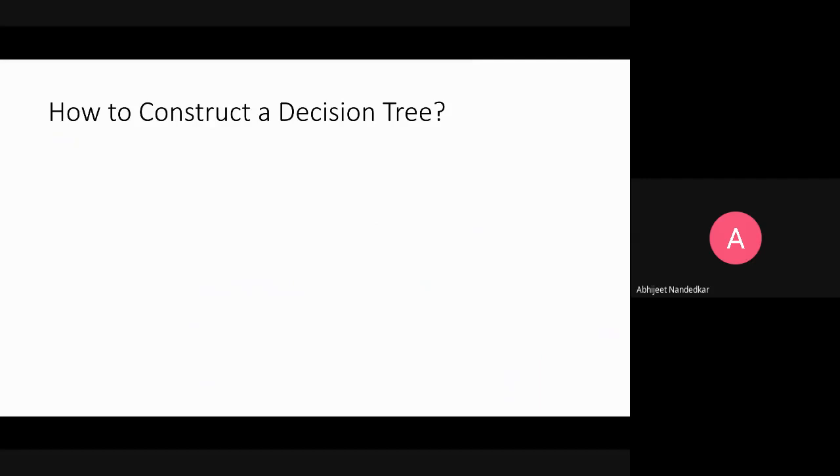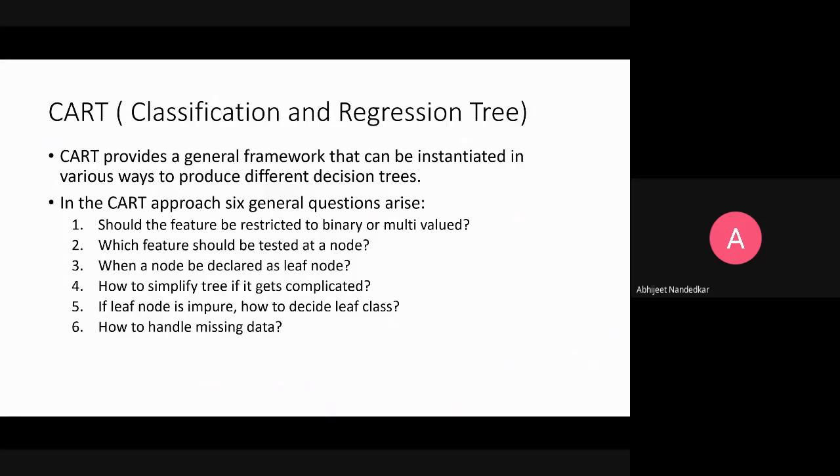Now, how to construct a decision tree? That is the next question. So we have one method called CART, that is classification and regression tree. The CART provides a general framework that can be instantiated in various ways to produce different decision trees.